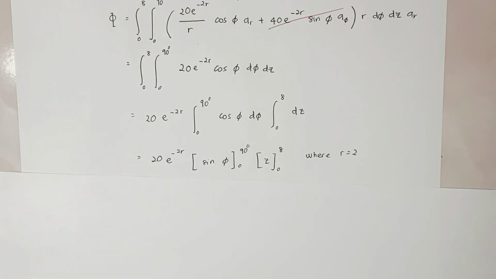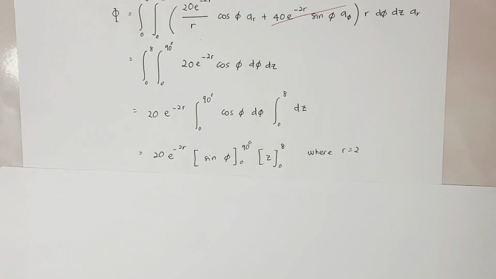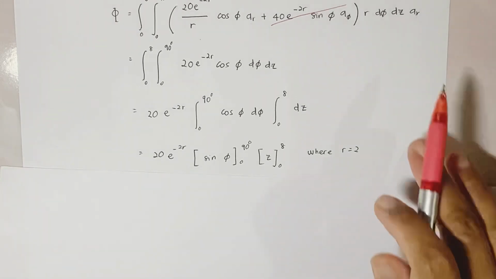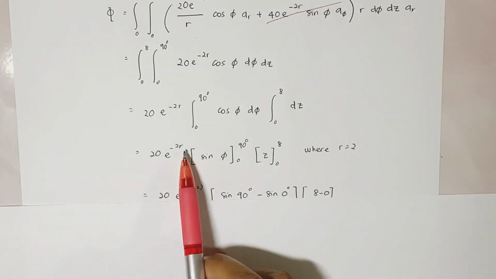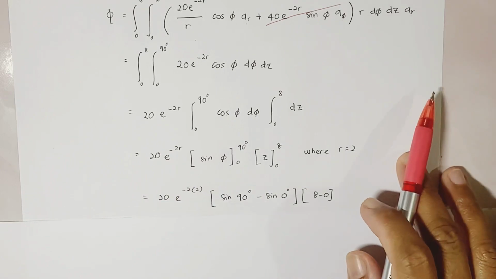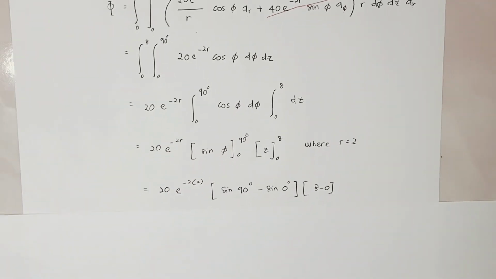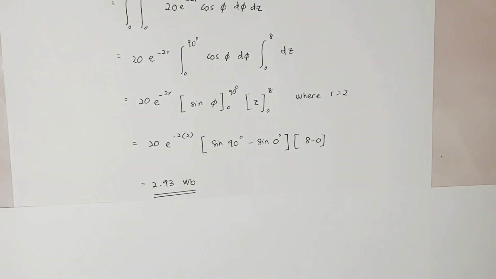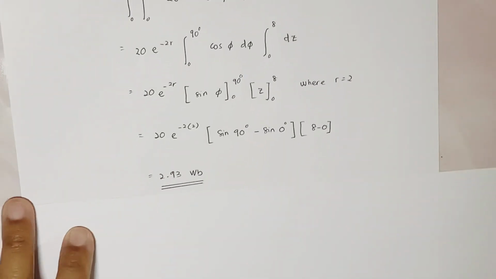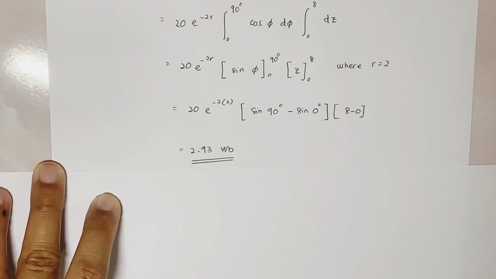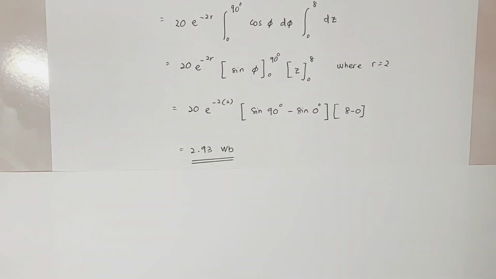So R equal to 2 is the fixed value. So you can substitute R equal to 2 here. You will get this one, and then use your calculator, you will get the answer of magnetic flux as 2.93 Weber. Okay, that's all for question number 5.